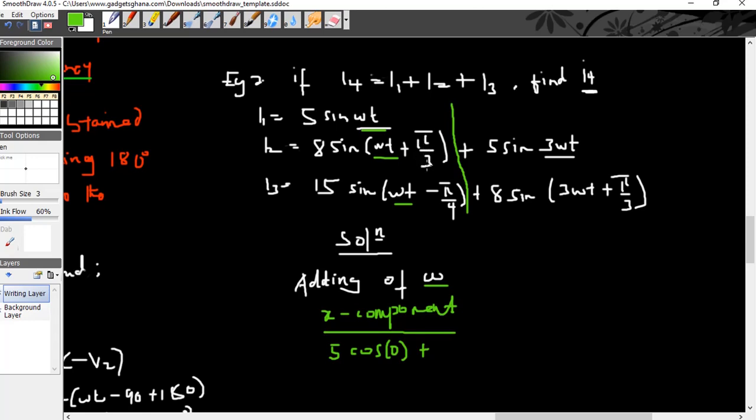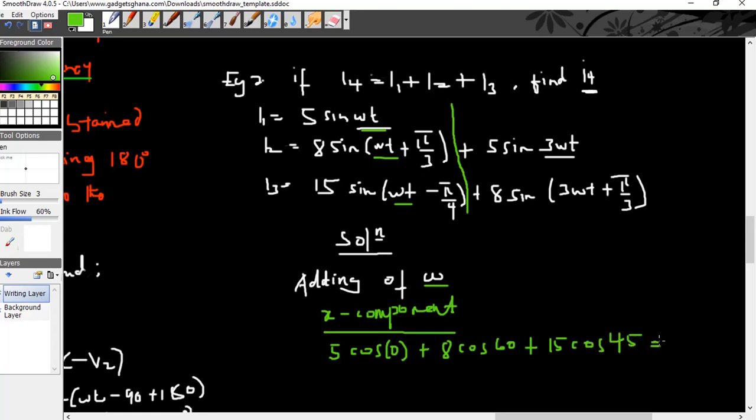Now pi on 3 is 60 degrees, so we have 8 cos 60 degrees. Then we have 15 cos pi on 4. Pi on 4 is also 45 degrees. For cos we normally use a positive, so we have 15 cos 45 degrees.